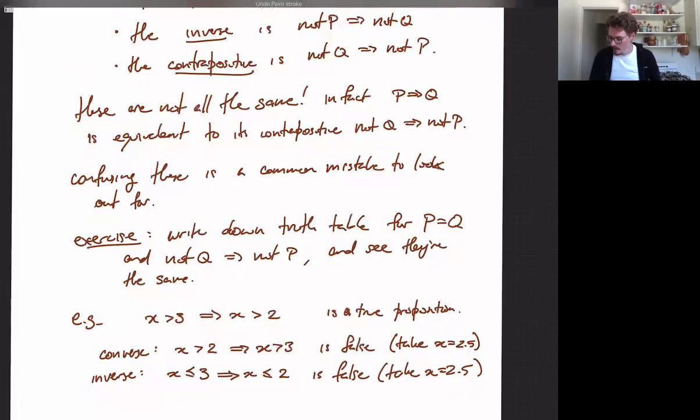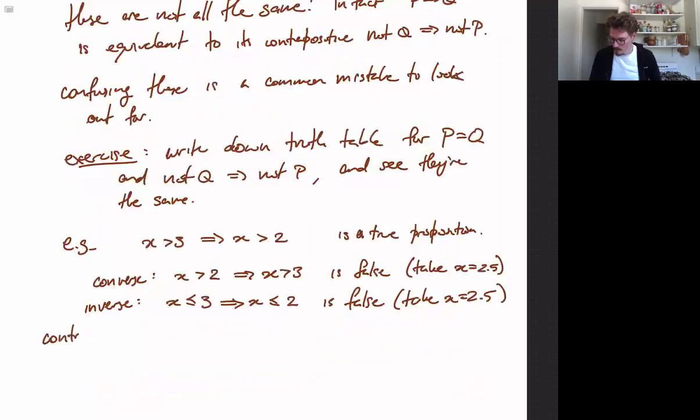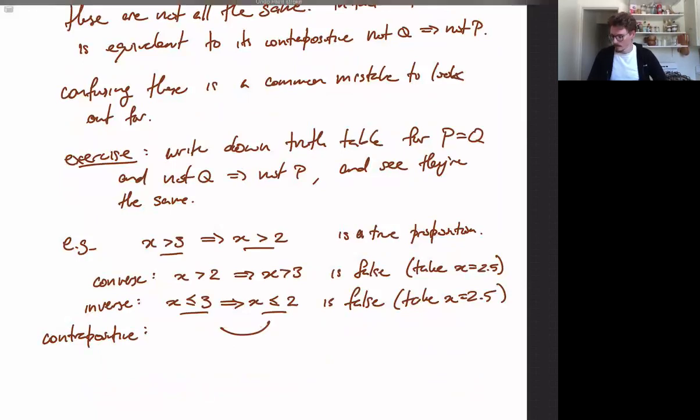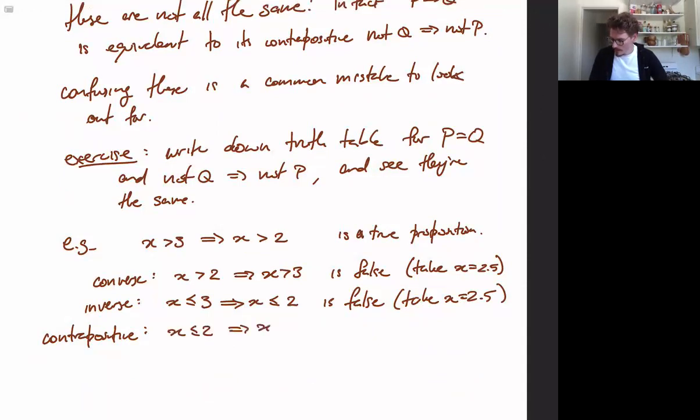But on the other hand, the contrapositive, well, what is the contrapositive? We apply not to both sides, just like we did here, but we also switch the order. So the contrapositive is x less than or equal to 2 implies x less than or equal to 3. And this one actually, again, is true.